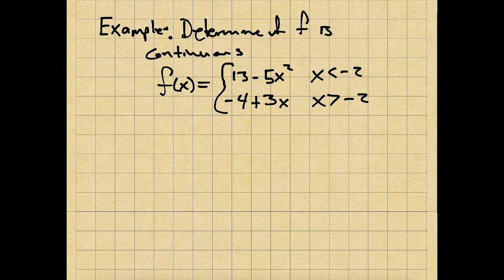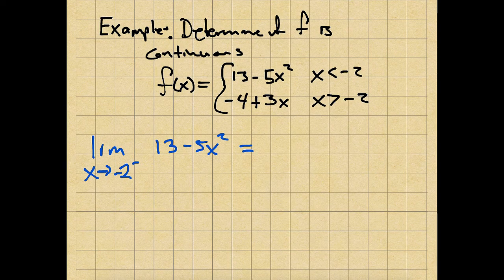So here's what we need to do. We need to determine what's the limit as x goes towards -2 from the left side. From the left side, we would be using 13 minus 5x squared.